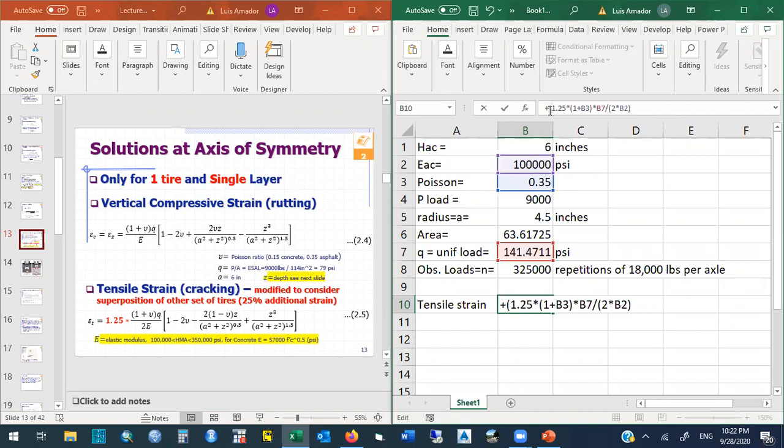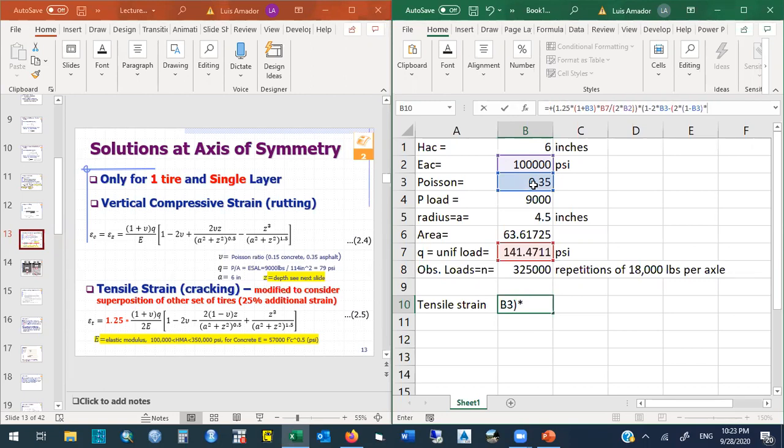I'm going to put all this in a parenthesis, and I'm just going to click to make sure it's fine. Okay, now times, and now I'm going for what is inside the square bracket. So that is 1 minus 2 times Poisson ratio minus, I'm going to put it in parentheses, 2 times 1 minus Poisson ratio times the depth.